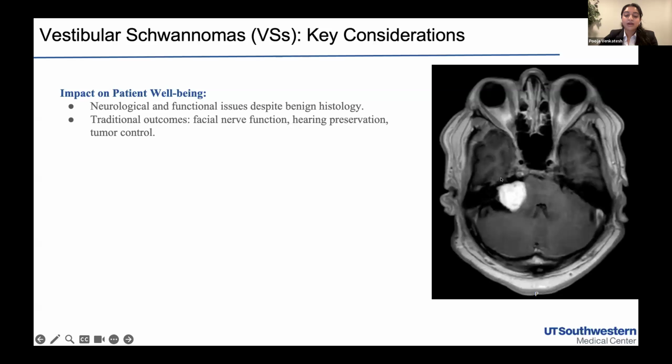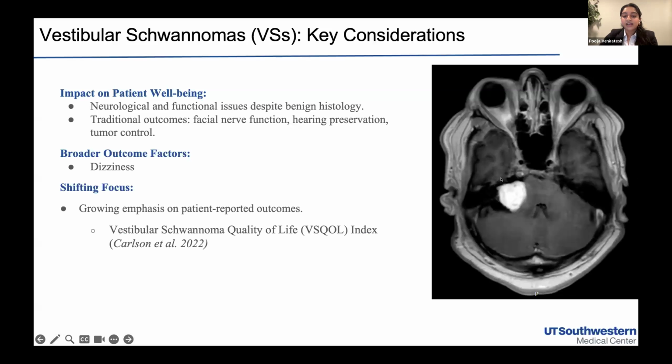But now we're recognizing more and more that healthcare priorities may differ from patient values. There is a growing desire to incorporate patient-reported outcomes to comprehensively assess the impacts of treatment. With vestibular schwannoma specifically, among the many symptoms and challenges, dizziness is actually one of the most prevalent and debilitating for patients.